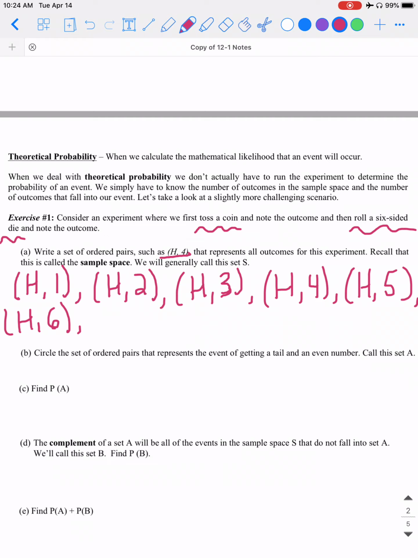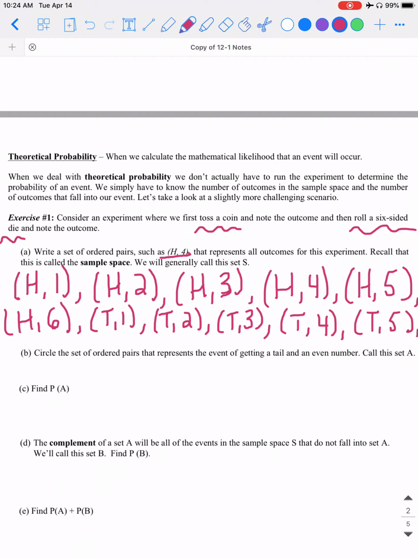So we can land heads up 1 through 6, and I can repeat this with tails 1 through 6. Okay, so there's our sample space.